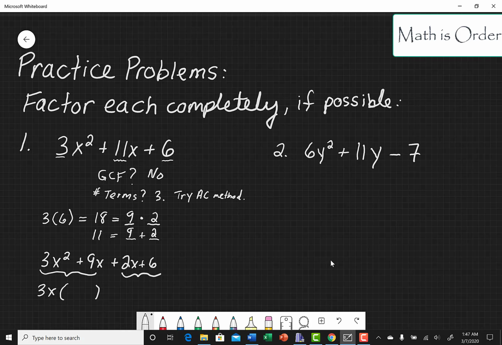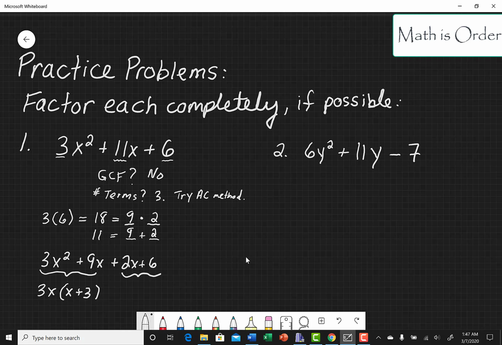To get so that when we multiply, we get back to 3x squared plus 9x. So you could see that in order for us to get 3x squared, we're going to need an x here. Right? Now, in order for us to get 9x, we're going to need to multiply 3x by what? 3, right? So we factor the first two.